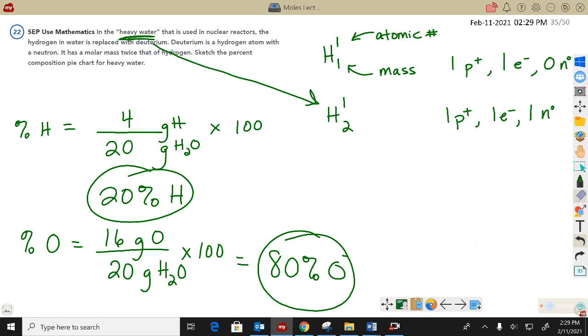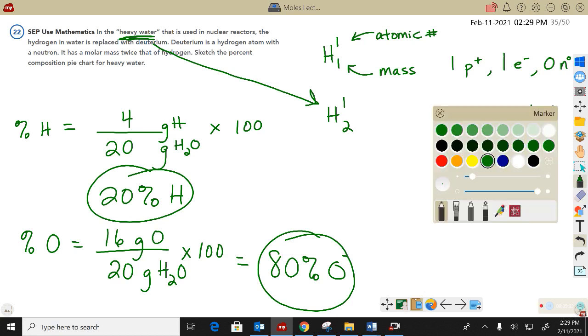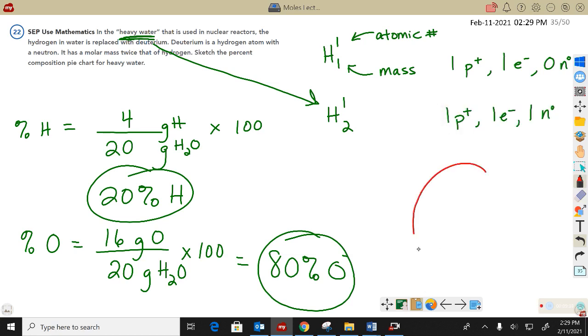All right, so if about 80% of this thing is oxygen, if I were to divide this in 5, it would maybe be something like that. But this would be 80% oxygen by mass and maybe about 20% hydrogen by mass.